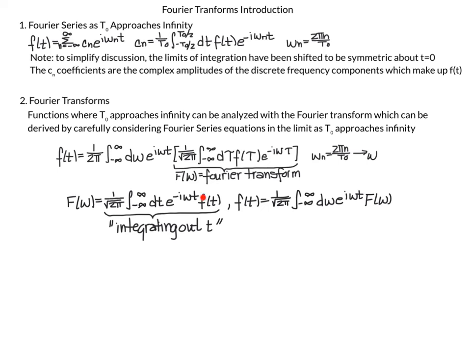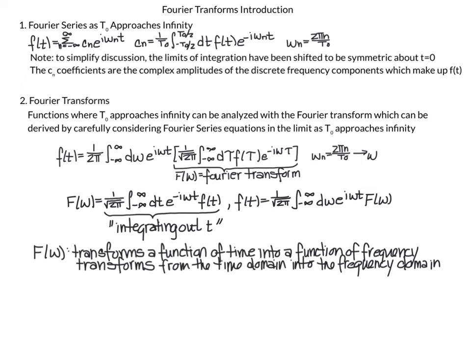You're going from a time domain, where your x-axis is time, to now a function where your x-axis is omega, your frequency domain. I went ahead and wrote that out. F of omega transforms a function of time into a function of frequency. Instead of this little f of t, we now have capital F of omega. So it transforms from the time domain to the frequency domain.